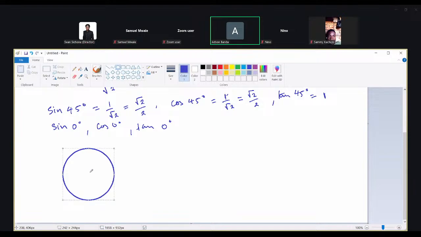Right, so we have a circle, and let this circle be on the Cartesian plane. Okay, so that is on the Cartesian plane. This circle is of radius equal to 1. So it is a unit circle.